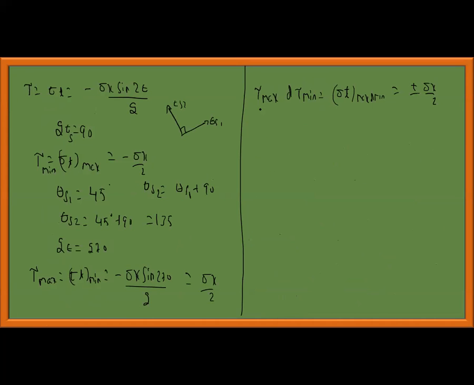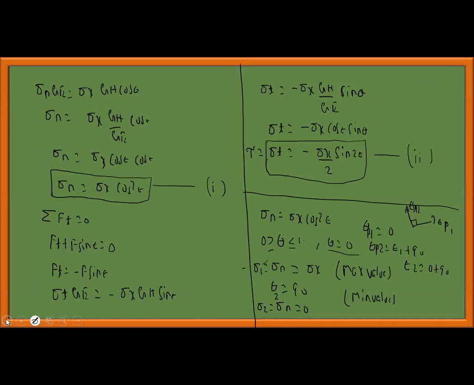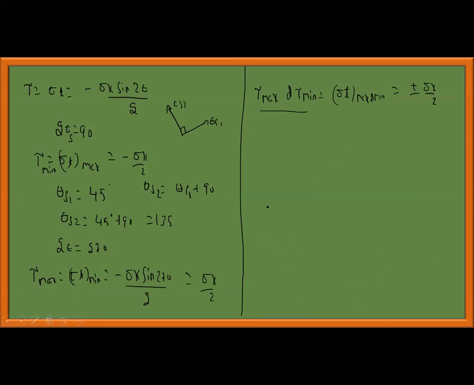From this we can infer that the maximum or minimum shear stress is half of the uniaxial stress sigma x. When you load the bar in tension, it will not fail due to the axial stress sigma x. It will fail due to shear stress, because the shear stress is half, sigma x by 2. That is why ductile material fails in shear, because it can withstand only half of the load.